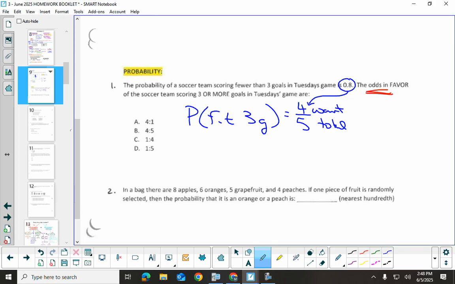So before you can even get to the odds, you have to take this one step further and say, okay, if you've got a 4 out of 5 shot of scoring less than 3, then what's your probability for scoring more than 3? 1 out of 5. So that is step 1.